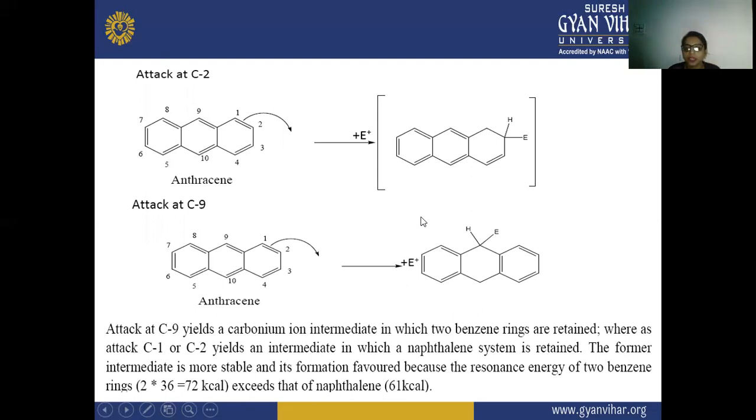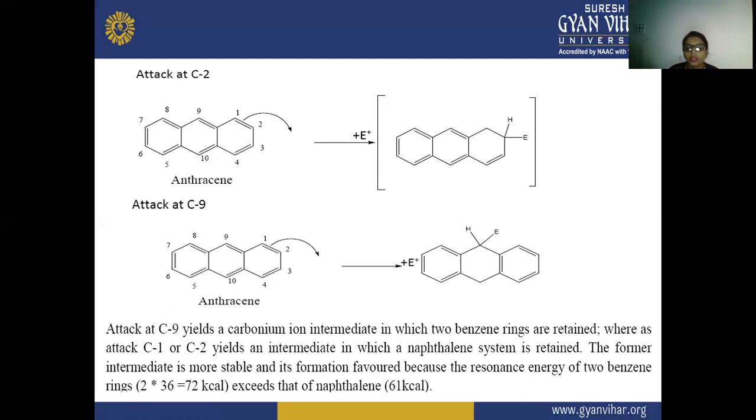That means the intermediate that is formed is more stable, and its formation is favored because the resonance energy of two benzene rings, 72 kilocalories, exceeds that of naphthalene.